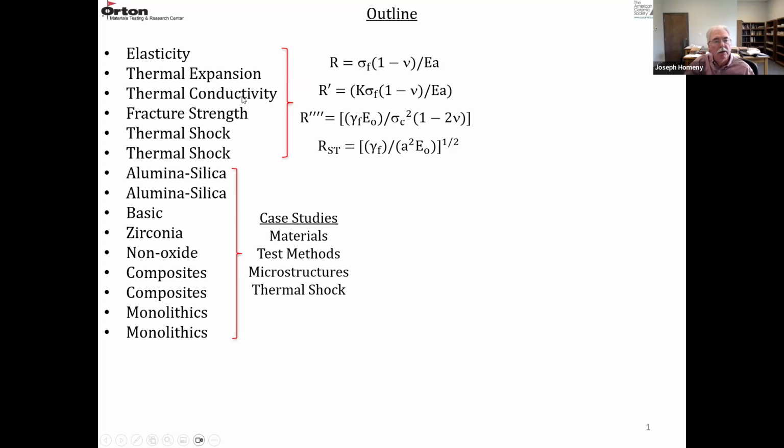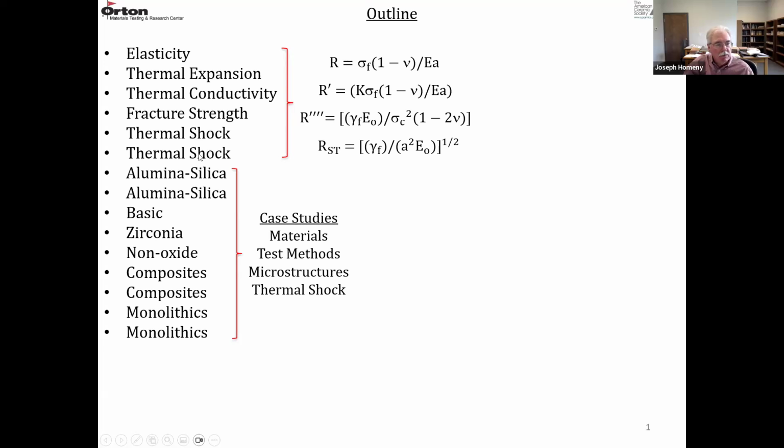K is thermal conductivity. The sigma terms are the fracture strength terms. And then there's also a gamma in here, a fracture surface energy. So these thermal and mechanical properties control these R parameters, which are directly involved in the thermal shock behavior.